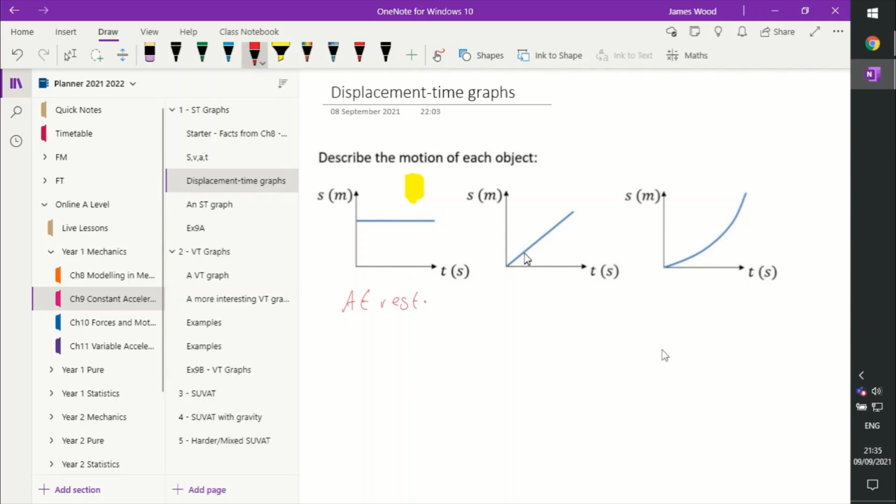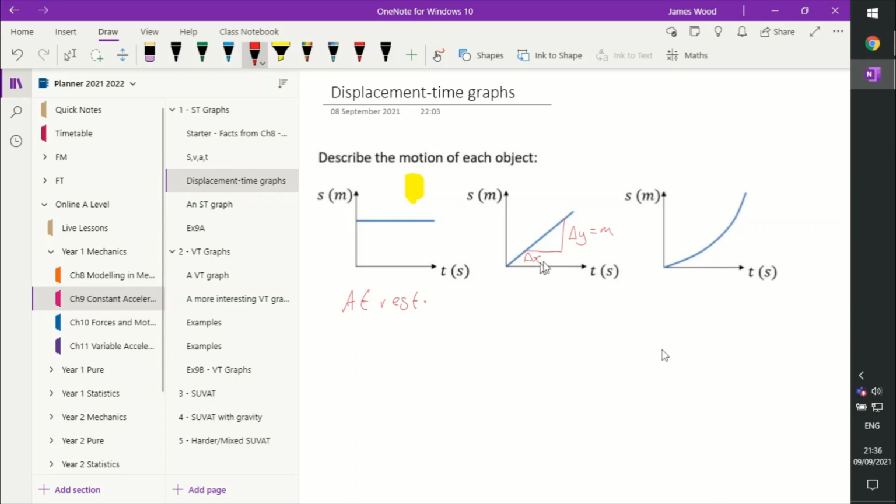In the next example, the displacement is changing with time in a linear fashion. So it is moving at a certain speed. It is moving at a certain amount of meters per second. To work out its speed, you could find the gradient, because I could find the change in y over the change in x. Now the change in y is going to be measured in meters, because that's on the y-axis.